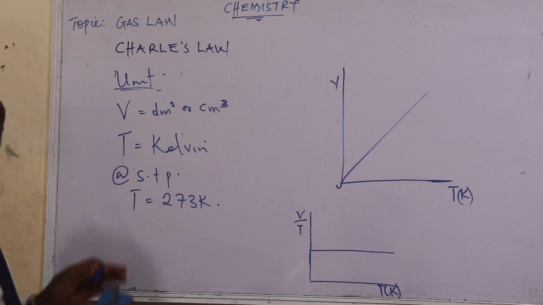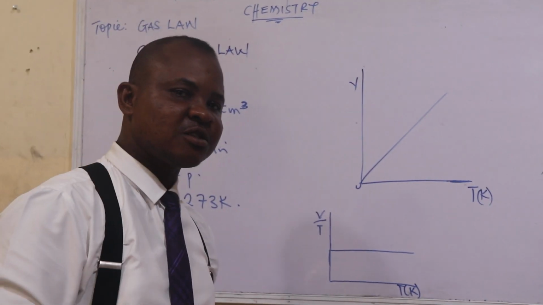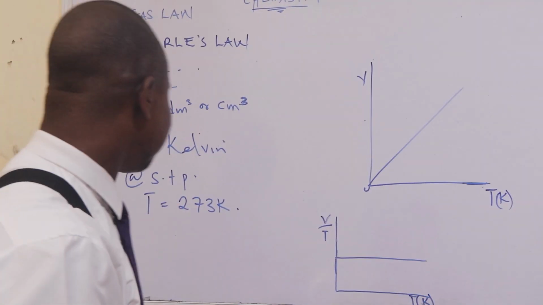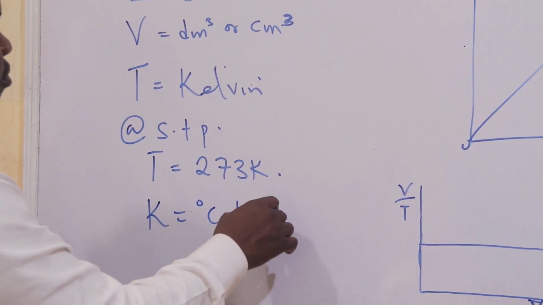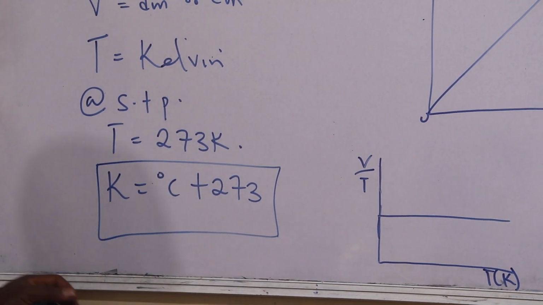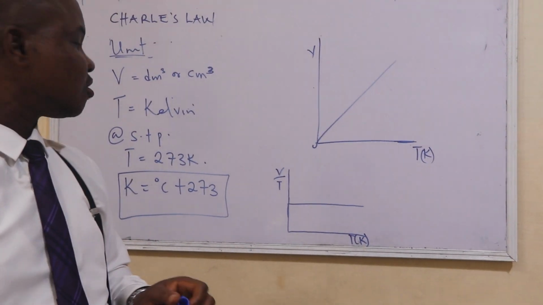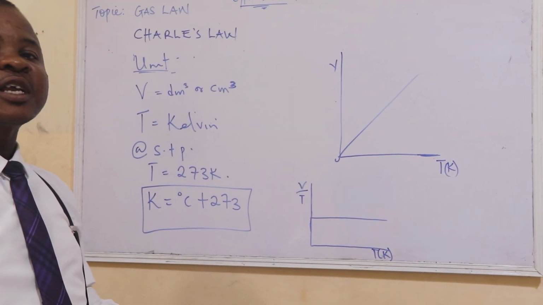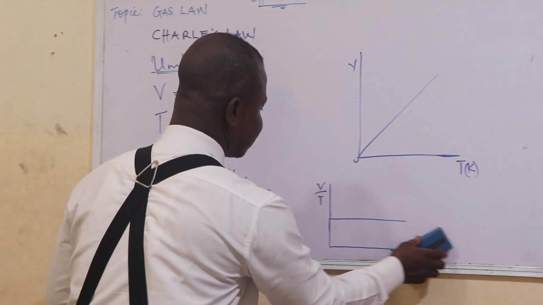So all the temperatures given under Charles' law in Celsius must be converted to Kelvin. And how do you do that? You can use this formula: Kelvin equals Celsius degree plus 273. In other words, when you are given a particular temperature under Charles' law, you are going to be converting that temperature from Celsius to Kelvin.